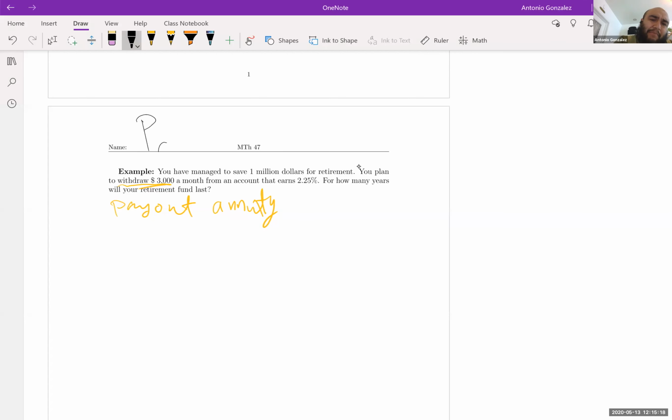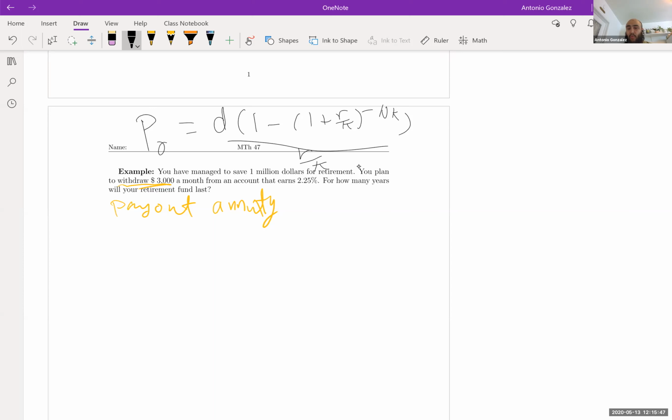I think the payout annuity is D, withdrawing, so it's 1 minus (1 plus r over k) to the negative nk, all over r over k. I'm pretty sure that's the payout annuity formula. So that would be the formula we're using.